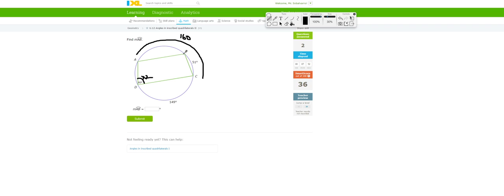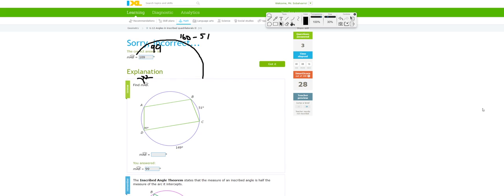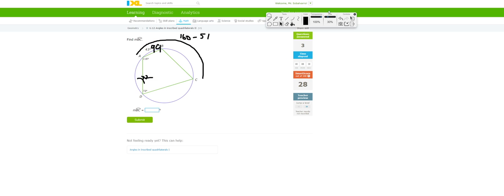Then to find from B to A, you will subtract 160 minus 51 because you already have from B to C. So 160 minus 51, that will be 99. So from A to B is 99 degrees. Whoa, what did I do? 160 minus 51 is 109. My bad. 109. I don't know why I put 99. But you get the point there.